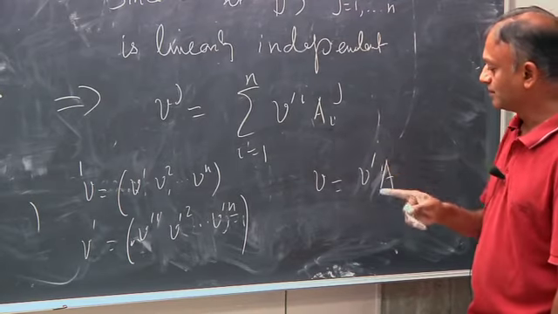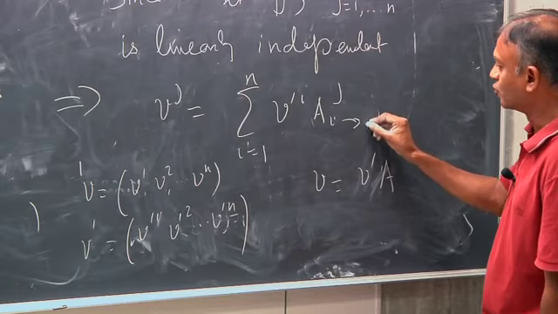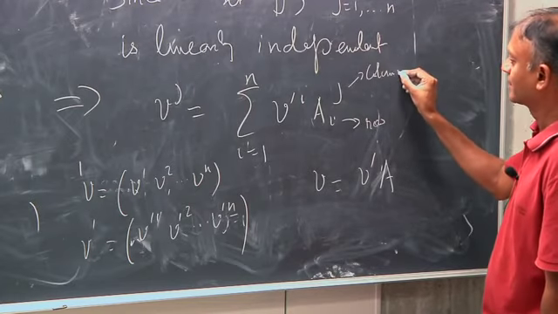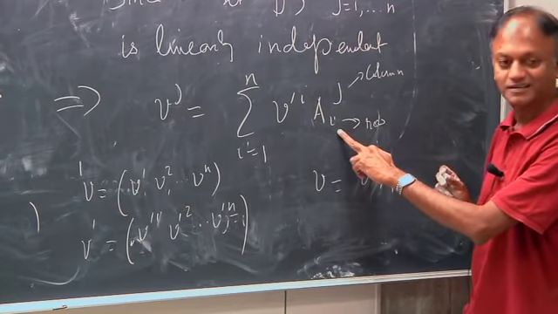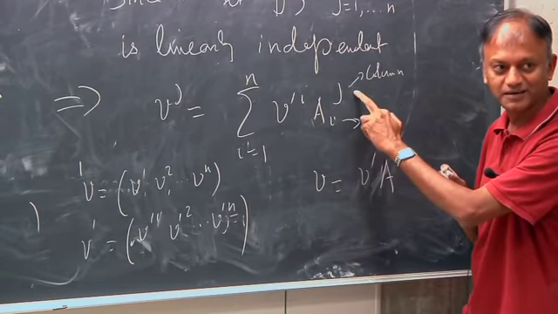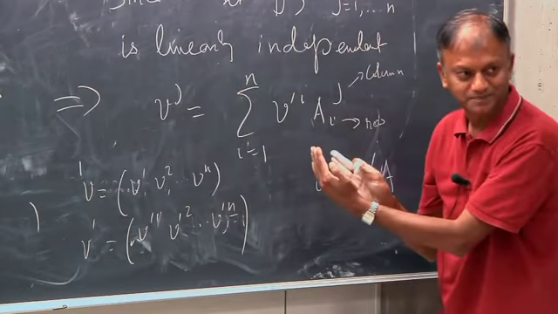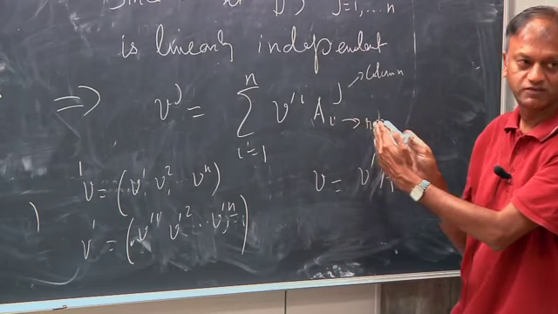Here I think of i as labeling the row and j as labeling the column. But if I think of i as labeling the column and j labeling the row, then I would think of these as column vectors, and the equation will become V equal to A times V prime.